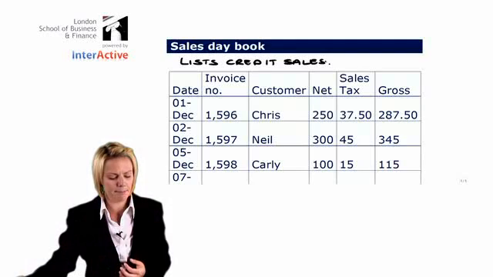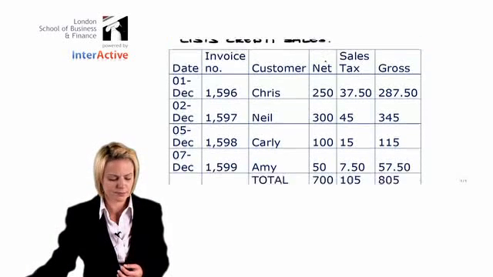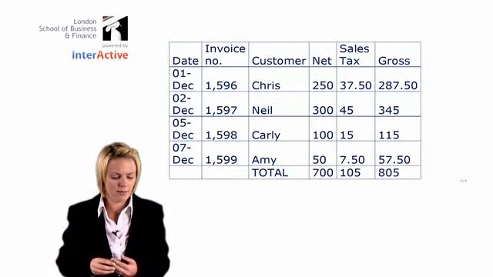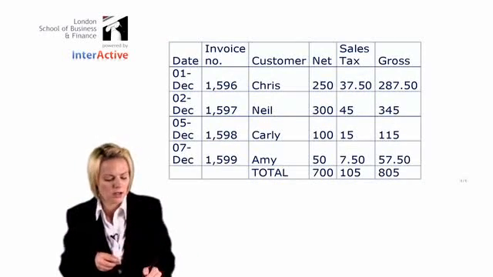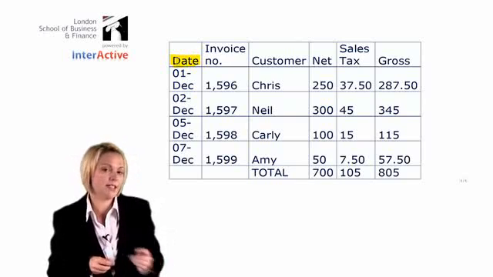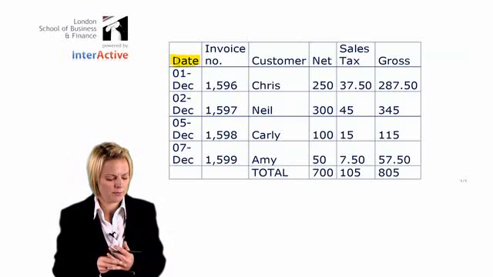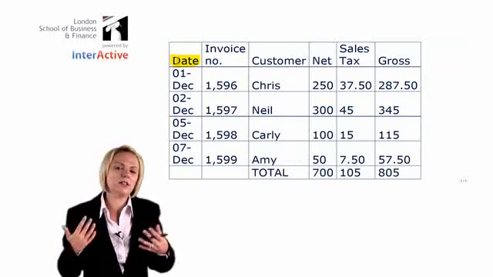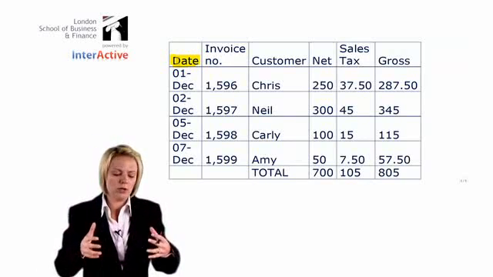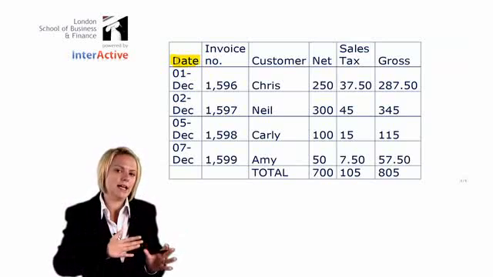So let's have a look at this in your notes. We can see that we've got several columns along the top for a day book. The date of each invoice that we send to our credit customer. Don't let the word day fool you. It depends on the size of the business what the date range is for your day book.